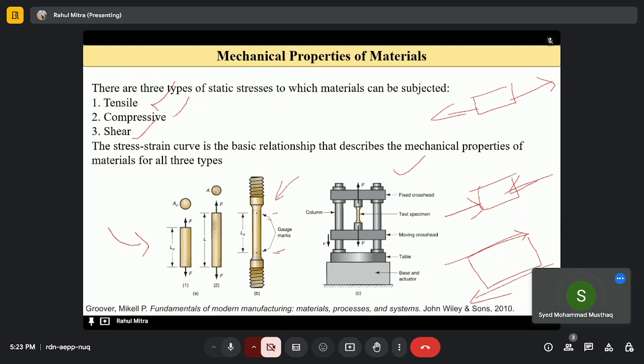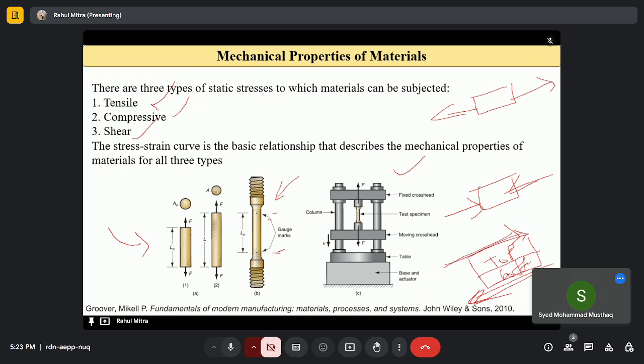So here I am applying one force, and here the opposite force, so it's like a sliding of the top surface of the material. For example, if I have an imaginary line in the material, this is my top, this is my bottom, then there is a sliding of one surface onto another, which we call the shear stress. Now, the stress strain curve is the basic relationship that describes the mechanical properties for all three types.